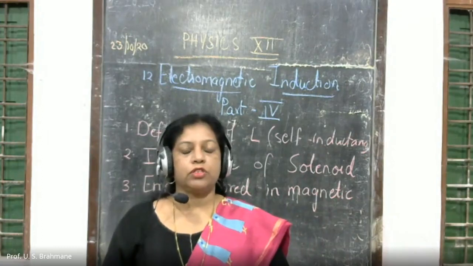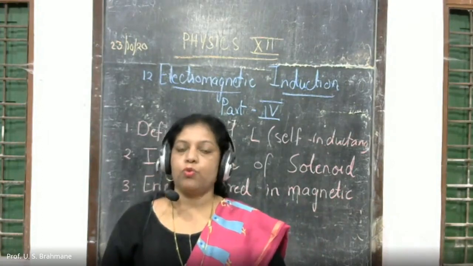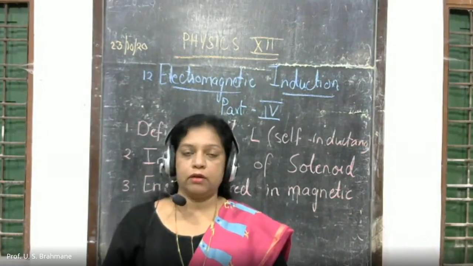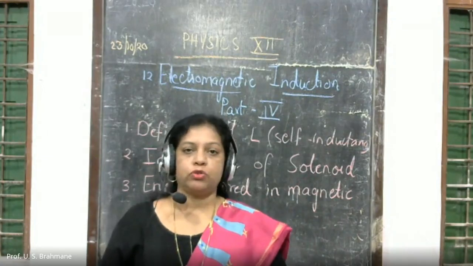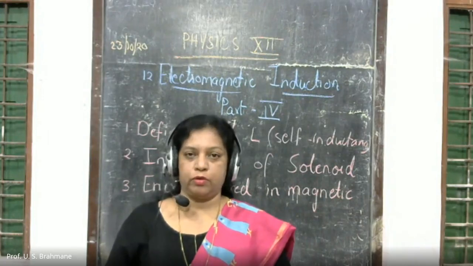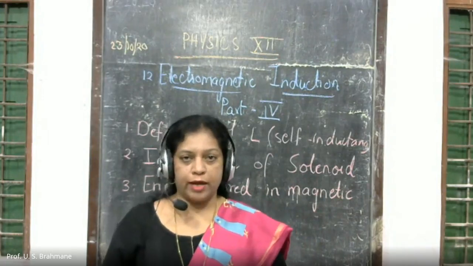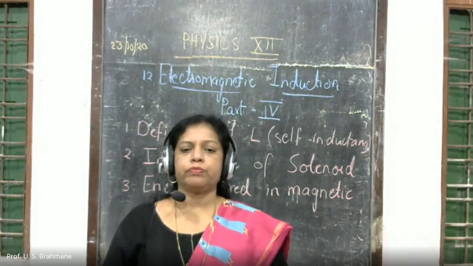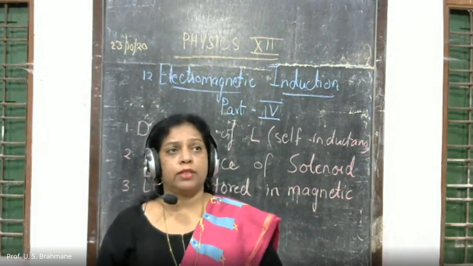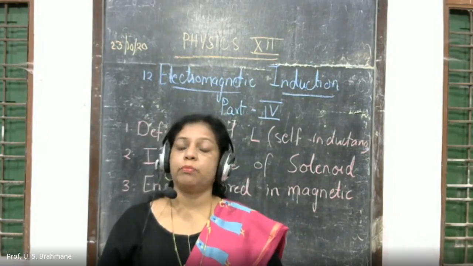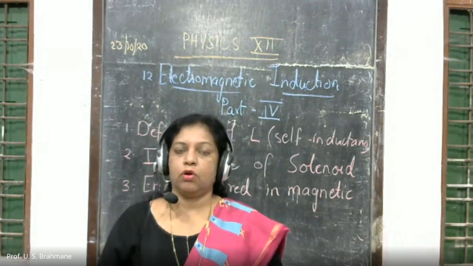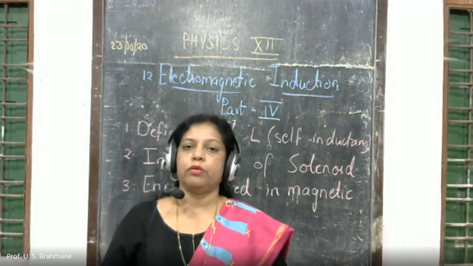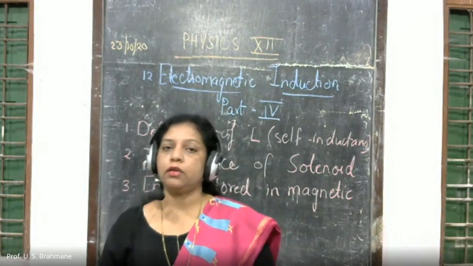Then the second topic from the last lecture was inductance and energy transfer, in which P is equal to Fv. We saw the relation that the rate of doing mechanical work is equal to the heat energy.